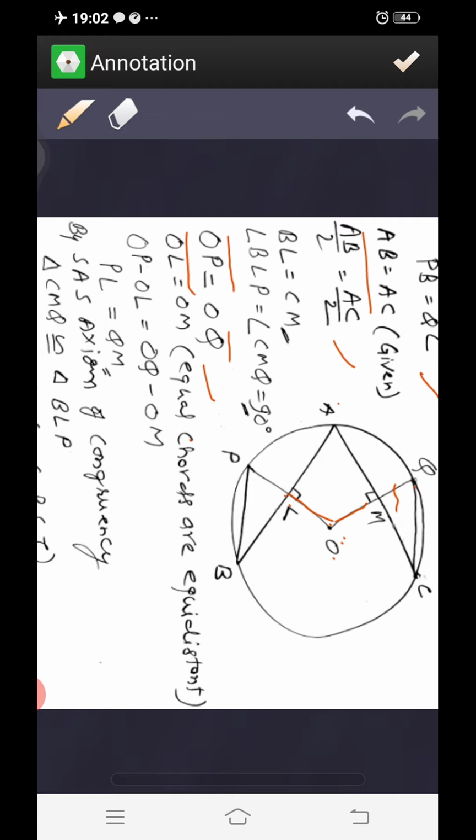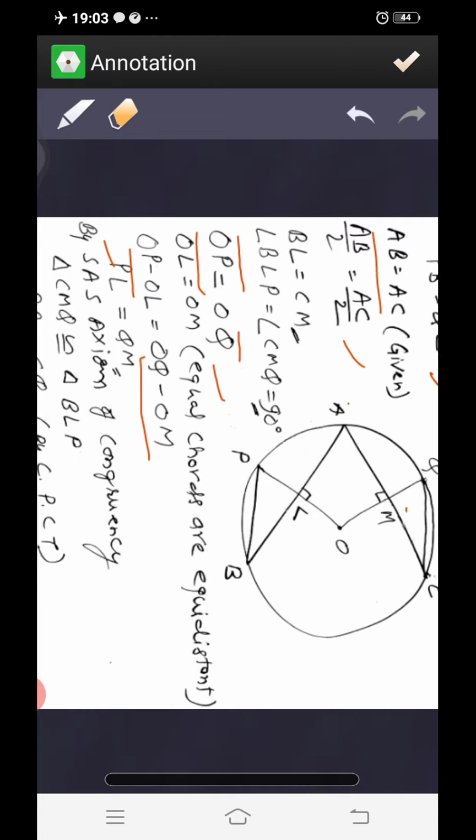Now OP minus OL equals OQ minus OM. OL is subtracted, so what is left? PL. Similarly here QM is left. So PL equals QM.